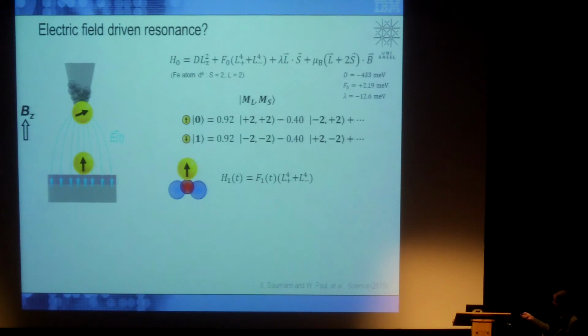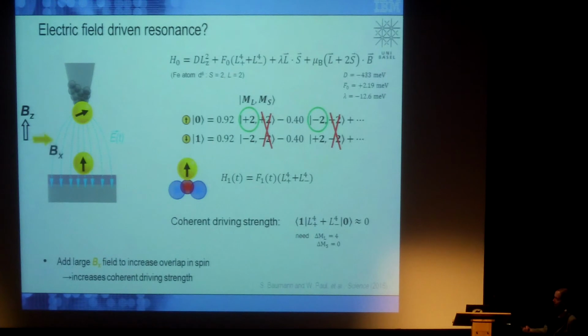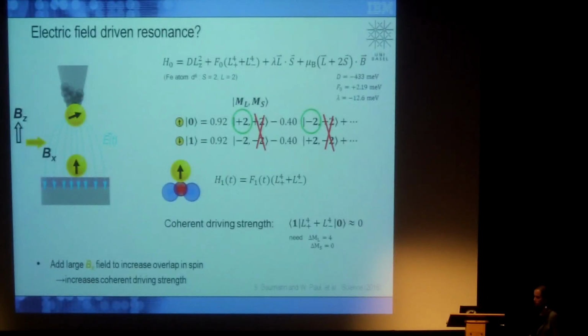So what is the problem if we just have an out-of-plane field? Then that doesn't really do anything, because we can't go between those, since the spins are still polarized. That's why we apply an in-plane field to mix those, and then we actually get an overlap that can do it.